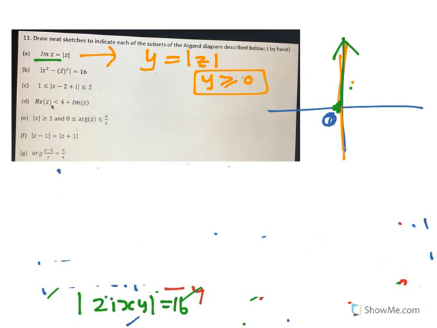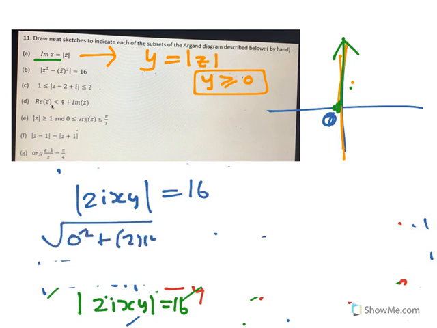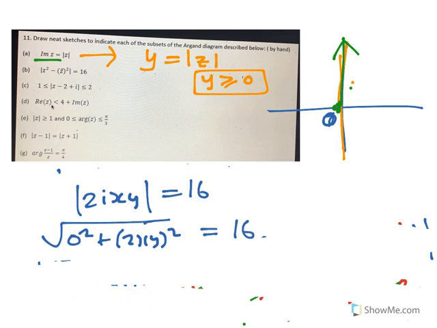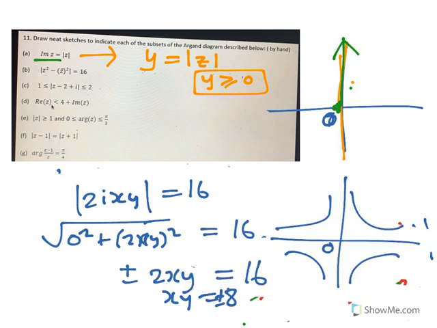Okay, so looking at that then, you have the modulus of 2ixy equals 16. So that means the square root of 0 squared plus 2xy squared equals 16. And then, if you look at that, you've got to be careful when you square root a square, because the a could be positive or minus, so it's plus or minus. So that means that the square root of 2xy squared equals 16.